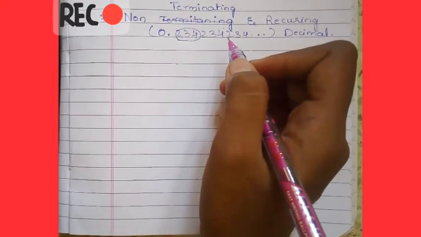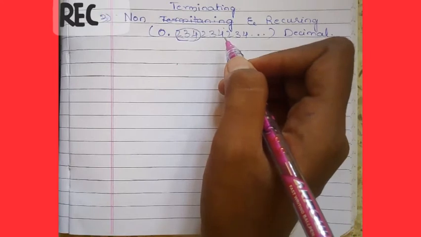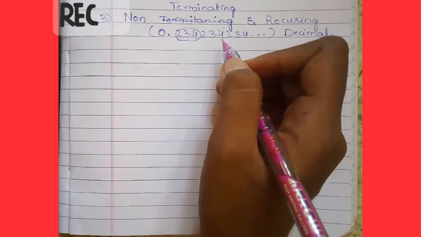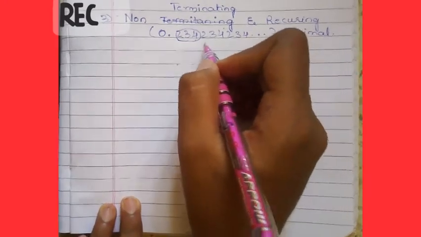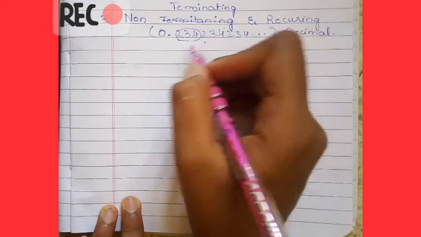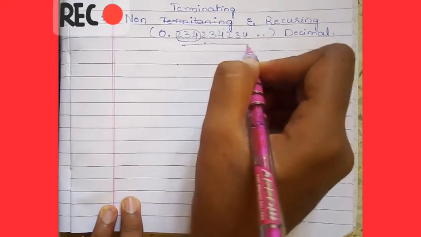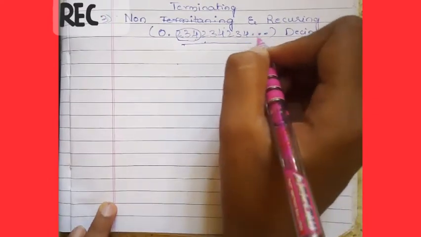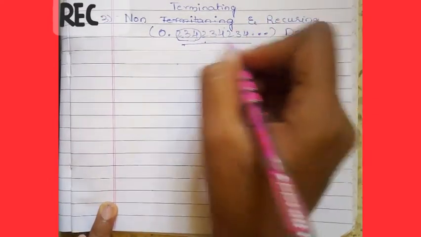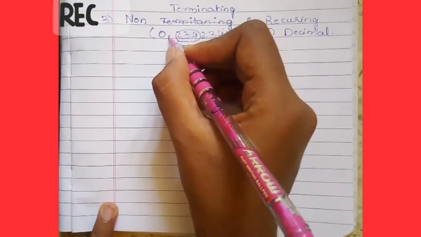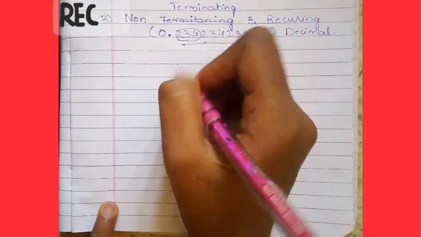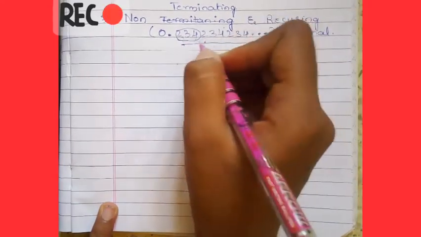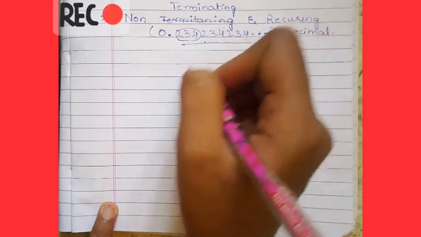If there is a repetition of numbers, it may be 2 or more than 2 numbers. So this is non-terminating, meaning there are infinite numbers. These dots mean 'and so on' or infinite numbers after the decimal point. And recurring means there is a repetition of the numbers.